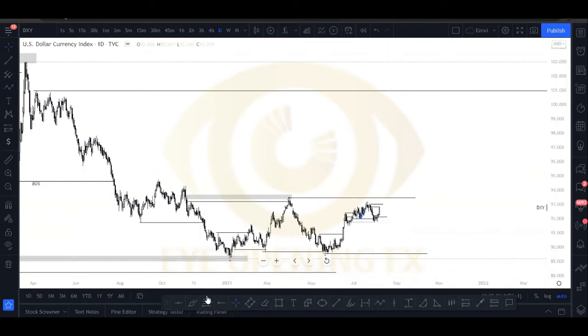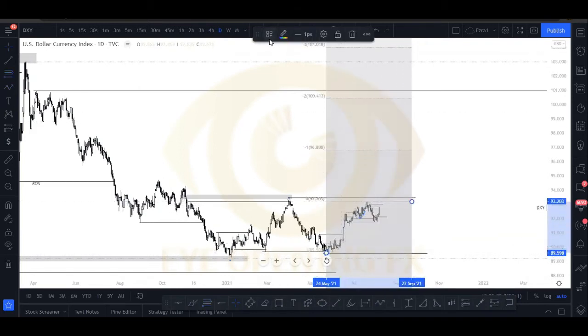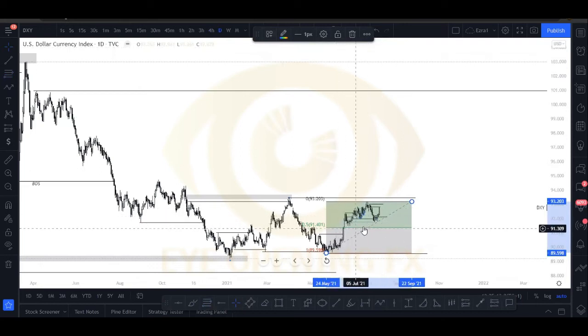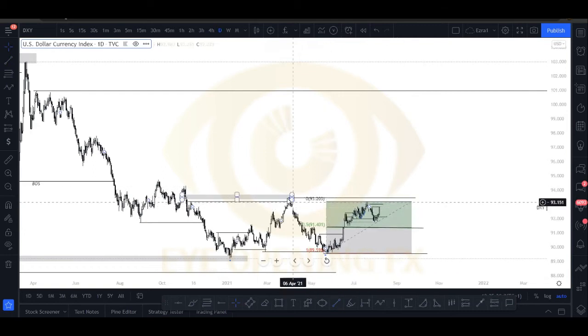If you use a range, you will understand that this is your 50% of that range. So market did not get up to 50%. But mostly before you get to this 50% is when it has taken out external liquidity before it will come into discount or premium.